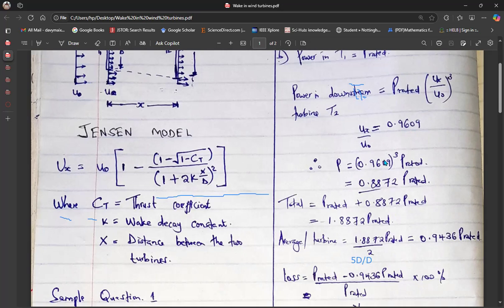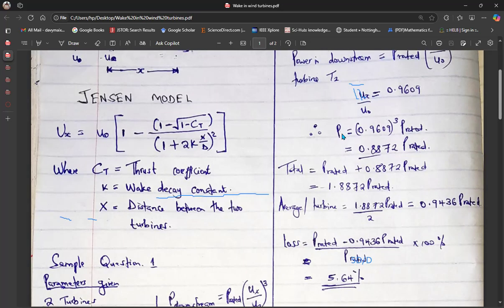And so the power in the downstream turbine now becomes this value, cubed, multiplied by P rated. In the final, we have 0.8872 P rated. In this scenario, we are still going to leave the answer in terms of P rated because we don't know the value of P rated.